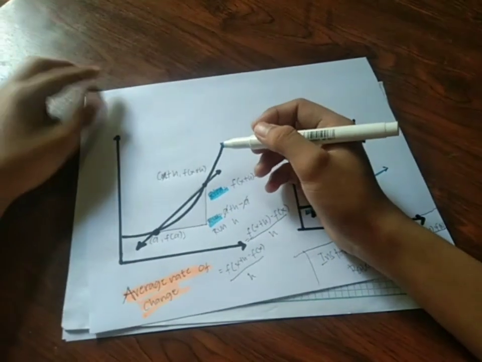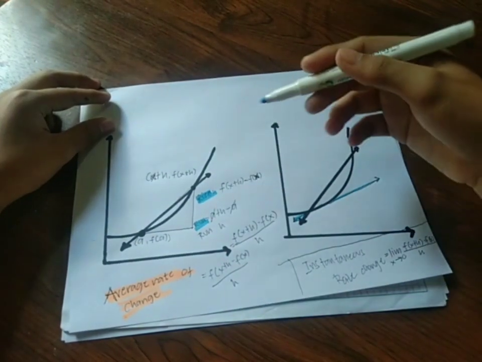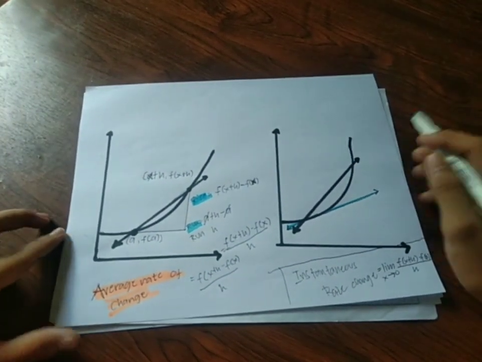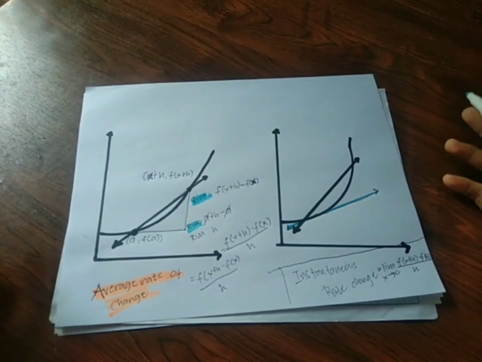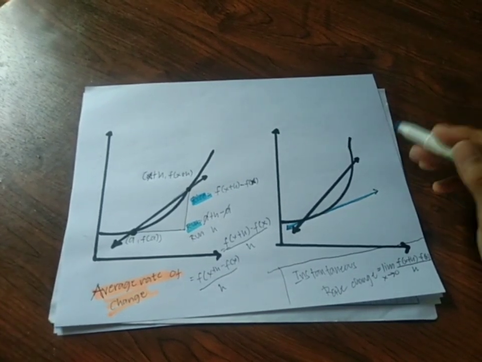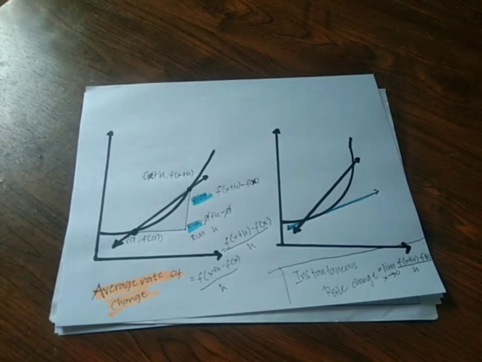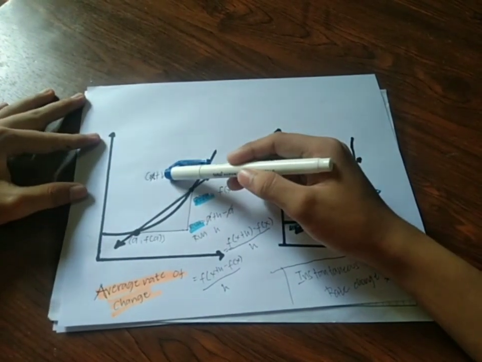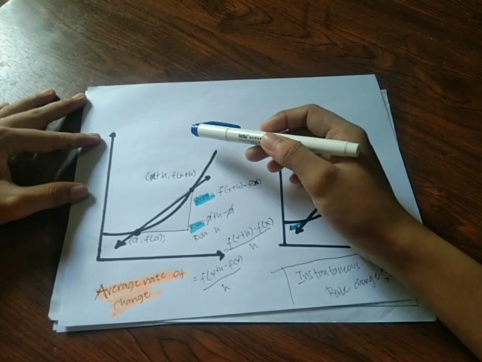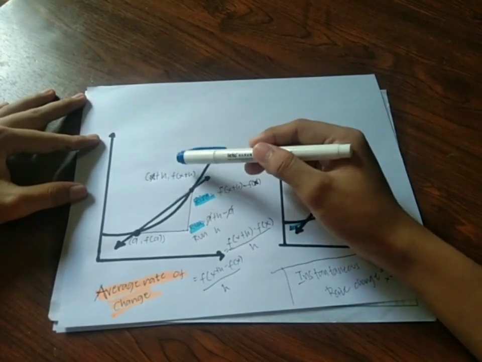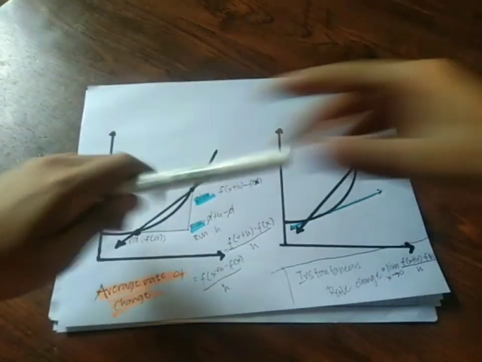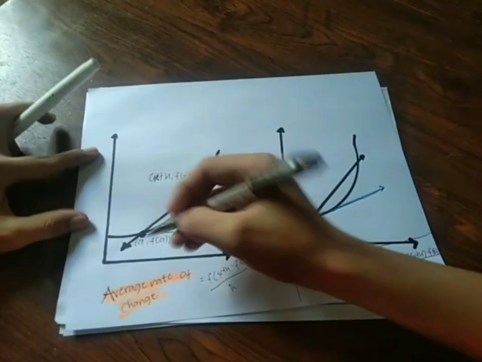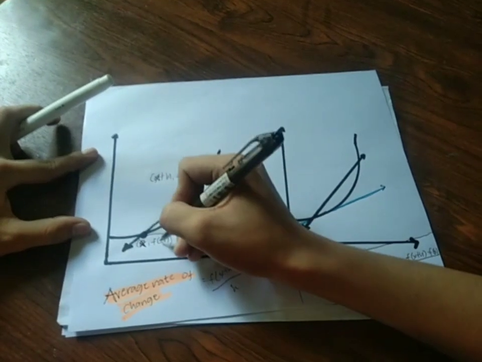This is basically connected to how the formula for the long method, or for the first derivative, is created. So here, this point is x plus h, and the y-coordinate is f of x plus h, and this is x, and this is f of x.